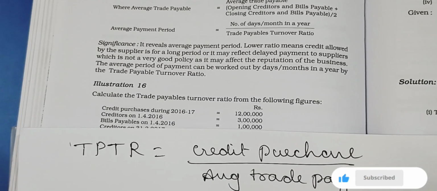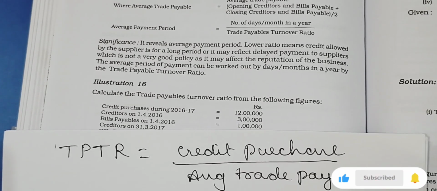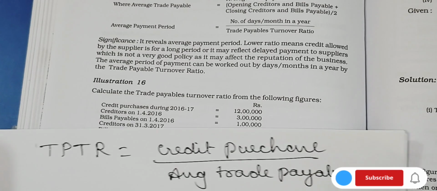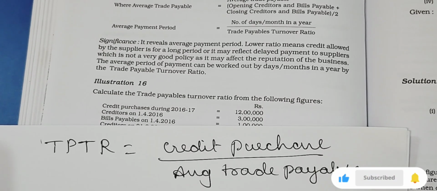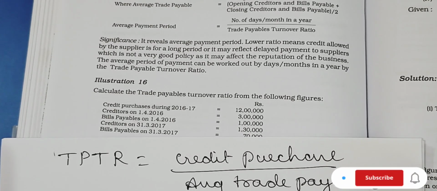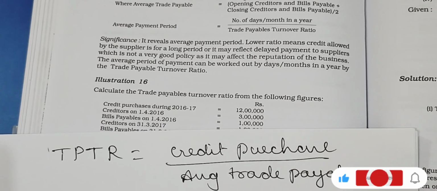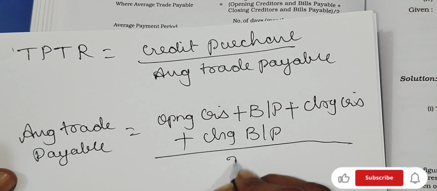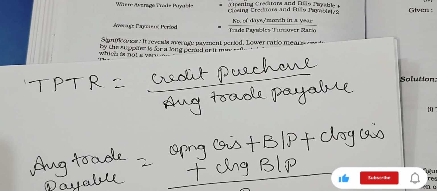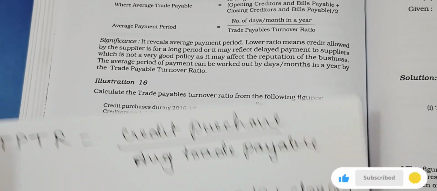So how are we calculating average trade payable? There is opening creditors plus opening bills payable, plus closing creditors plus closing bills payable, whole divided by 2. What is your opening creditors? 3 lakh. Bills payable opening is 1 lakh.